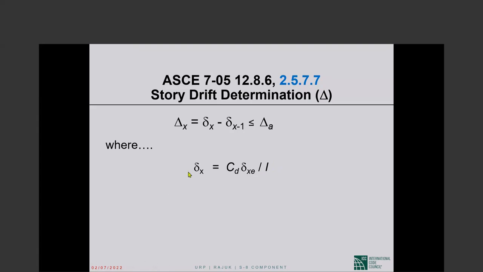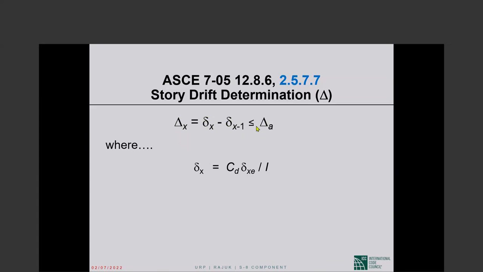That delta sub x at the top of a story minus the same delta sub x at the bottom of the same story is the interstory drift. So this is delta sub x at the top of a story minus delta sub x at the bottom of the same story. That is delta sub x, the interstory drift in story x.